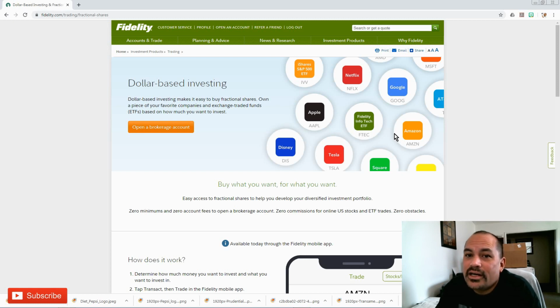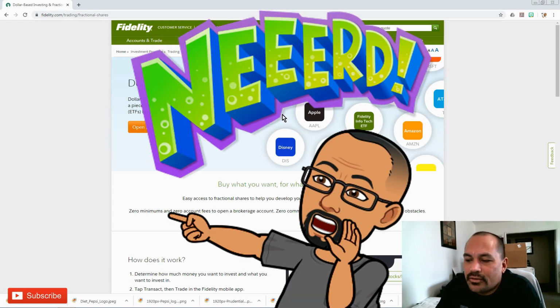So yeah, you're going to have to do some math if you want to replicate what you're doing in M1 over to Fidelity. But if you desire more control that M1 doesn't offer, I have a feeling you'll also be kind of geeked out over doing that yourself manually.